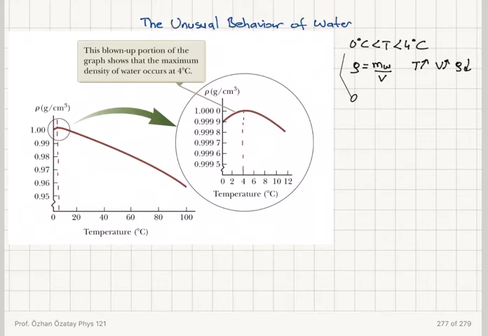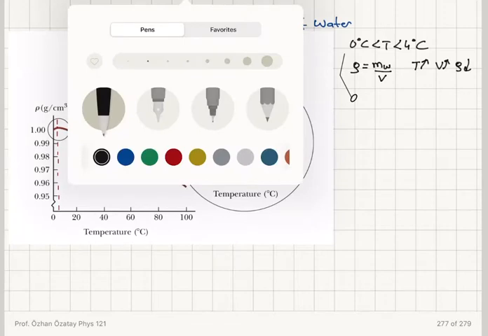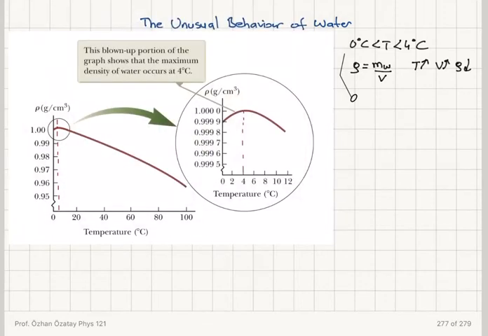For this temperature range, we find this interesting behavior for T between 0 degrees C and 4 degrees C. Water expands as it cools to 0 degrees C, starting from 4 degrees C.